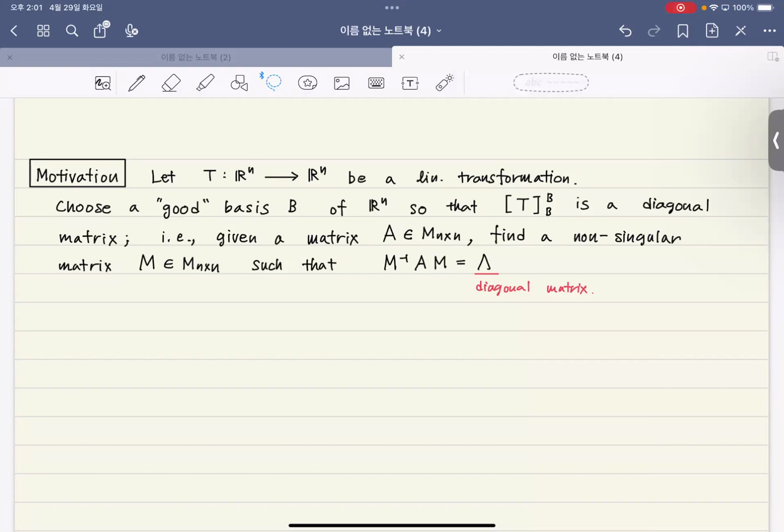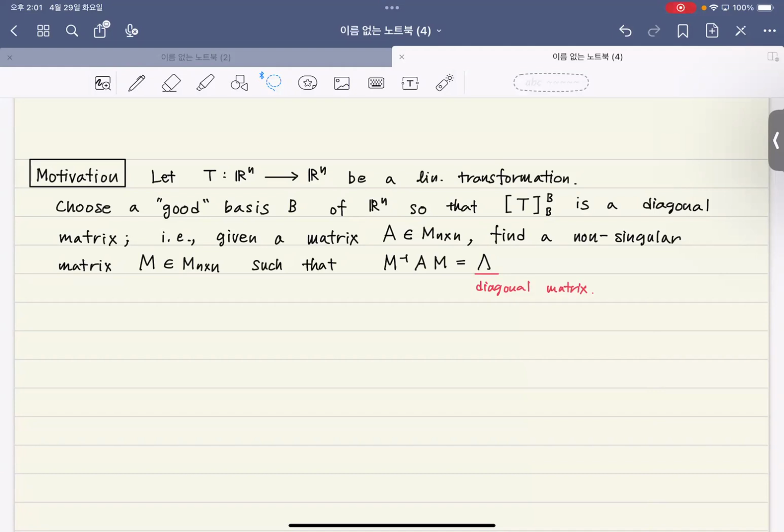I'm getting a little abstract, but what is the nicest matrix that you can ever imagine? What are the easiest matrices? I believe they are the diagonal matrices. The diagonal matrix is the easiest matrix to deal with, right?